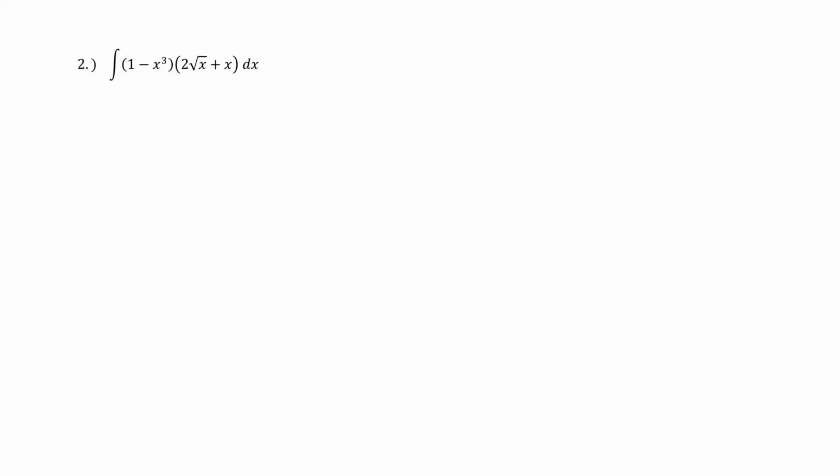For number 2, we have a similar idea to number 1. We can't just outwardly integrate it. We have to simplify it first. So I am going to go ahead and first rewrite this with the exponent form. And then I am foiling.